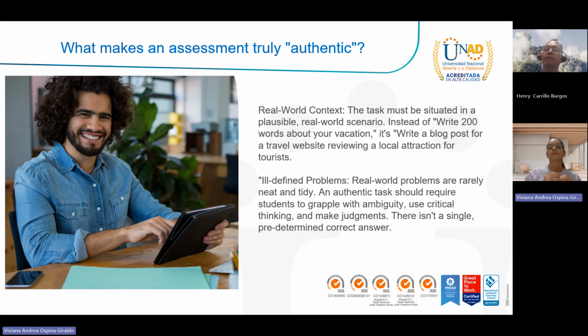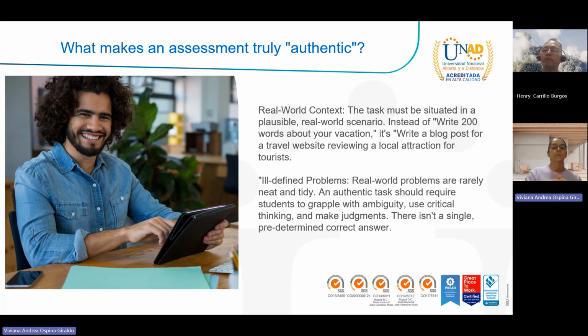So instead of having our students write an essay about a vacation, maybe we can just tell them to interact in a blog and post on a travel website so that other people can be informed.